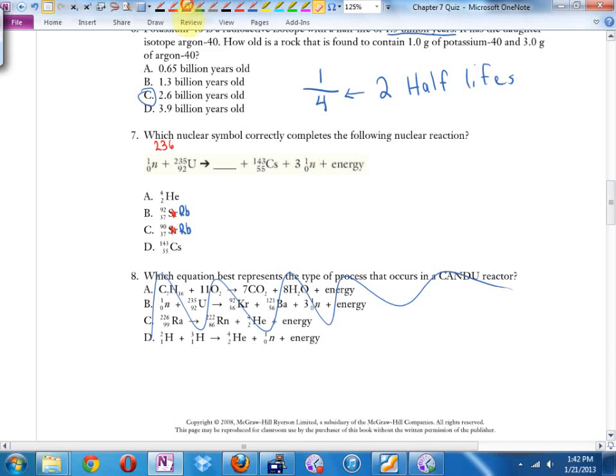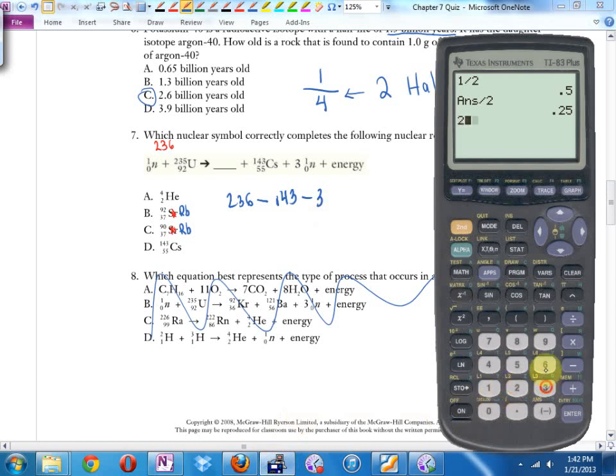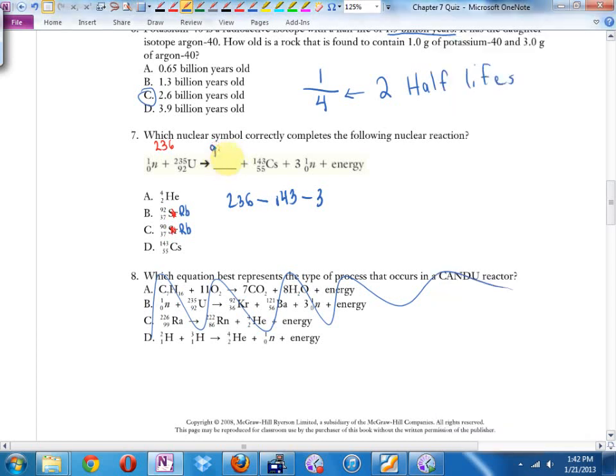Okay, so to get the mass, we're starting out with 236, and on the right-hand side I've got 143 and I've got 3 neutrons. So if I subtract, I should be able to figure out how much mass has to be left. 236 minus 143 minus 3 neutrons. The missing mass is 90.